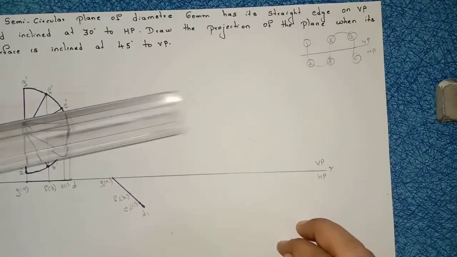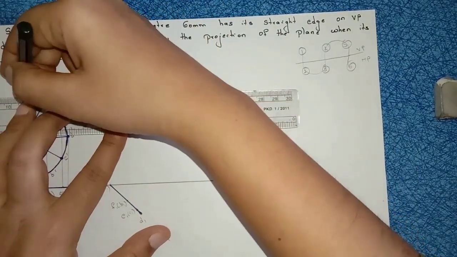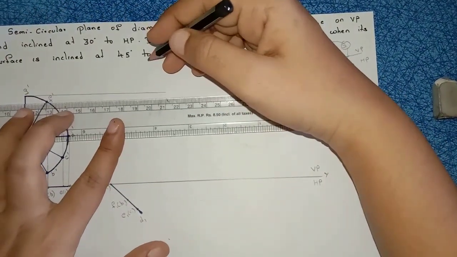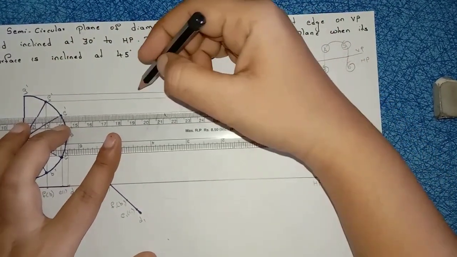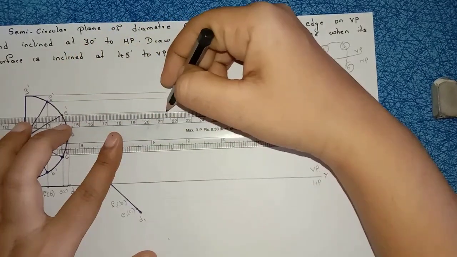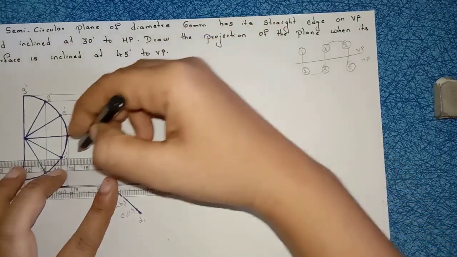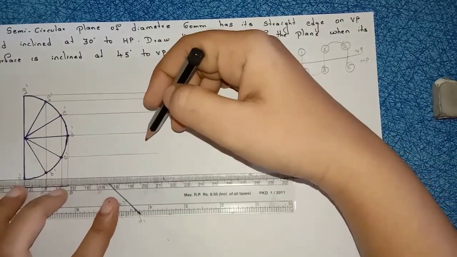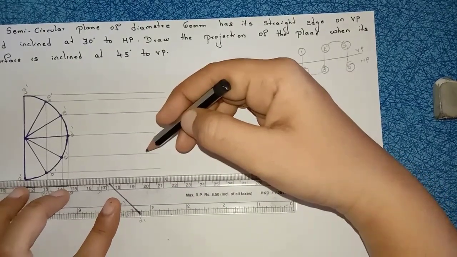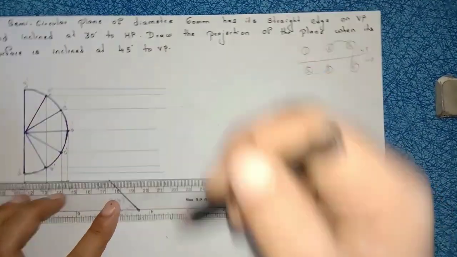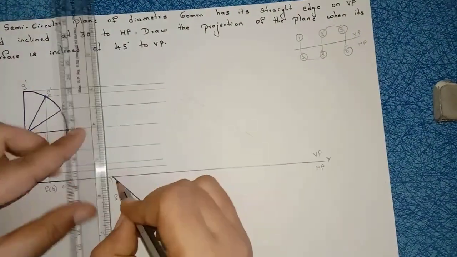Now after that, you know the process. From every corner of this semicircle, you should draw horizontal lines of any length. Right, now after that, G to G point.